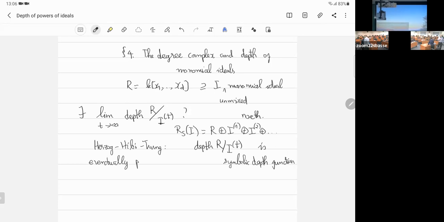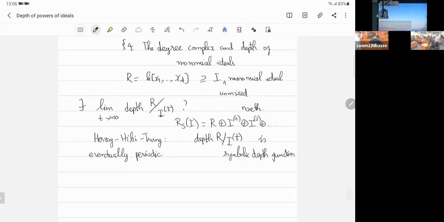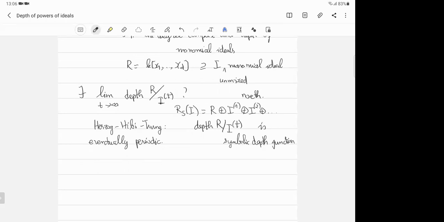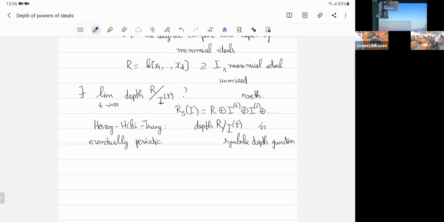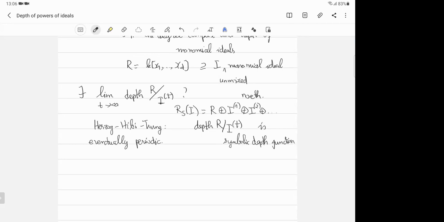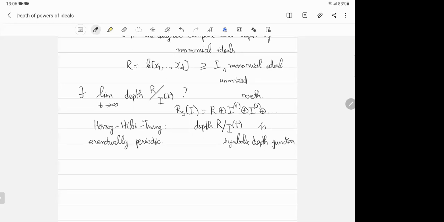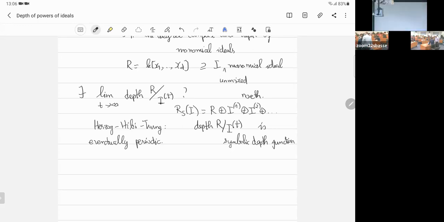But this case is different from the one you already explained, the result of Professor Trung, the limiting case, where the number of bipartite components is one. That is for ordinary powers, and this is for symbolic powers. Yes.